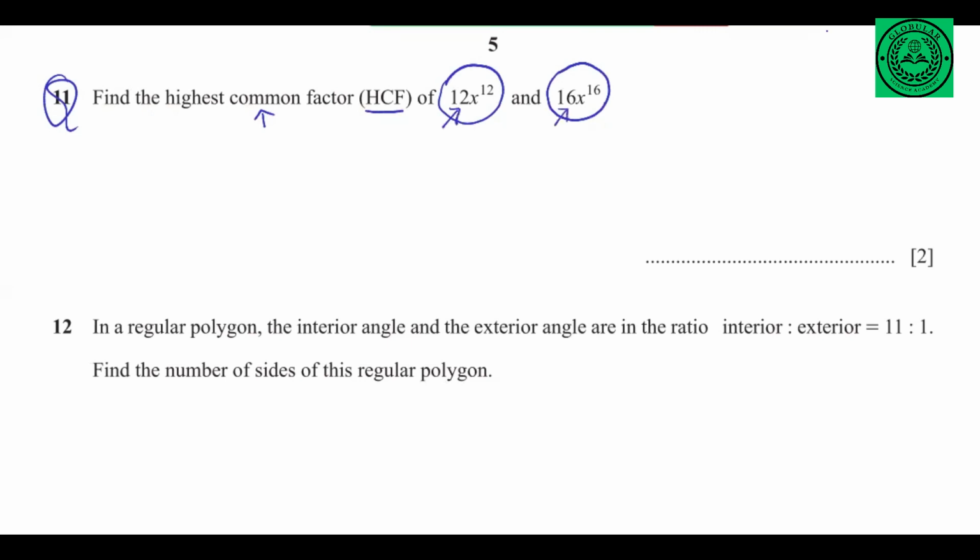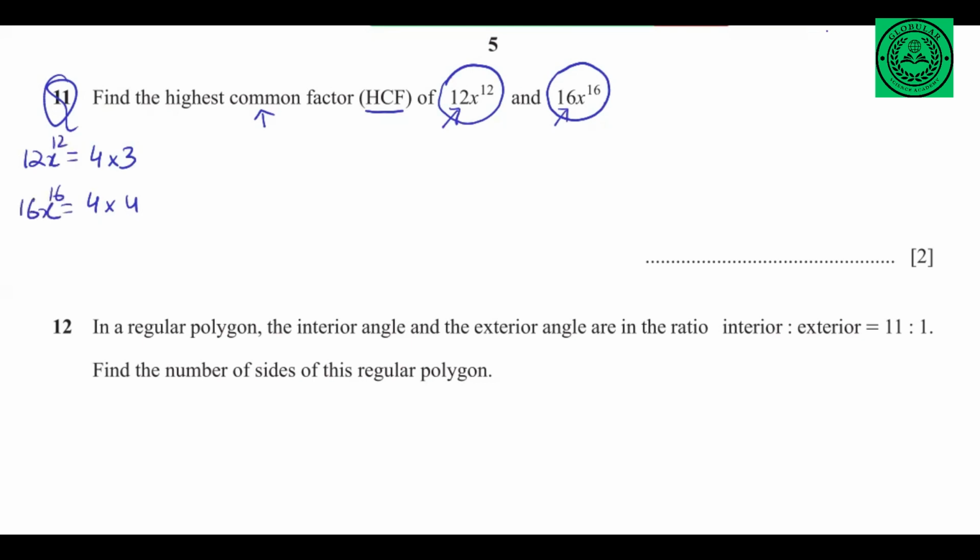So both these numbers 12 and 16 have a common factor, which is 4. So we can write 12 as 4 times 3. And we can write 16 as 4 times 4. So 12x^12 can be written as 4 times 3, and this can be 16x^16 as 4 times 4.